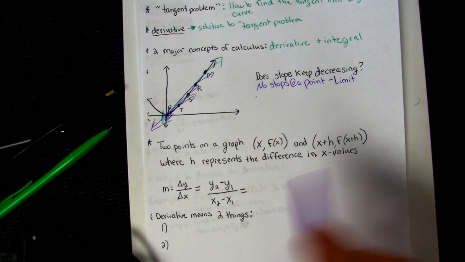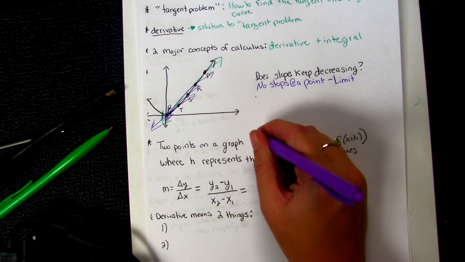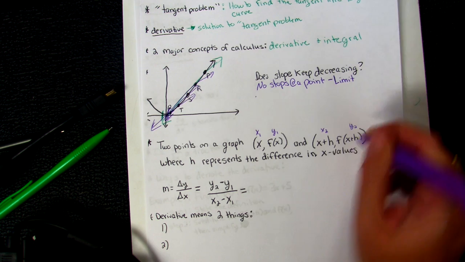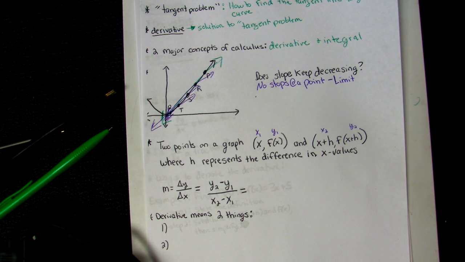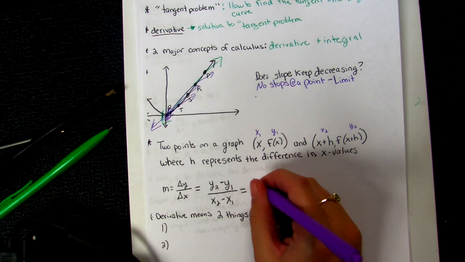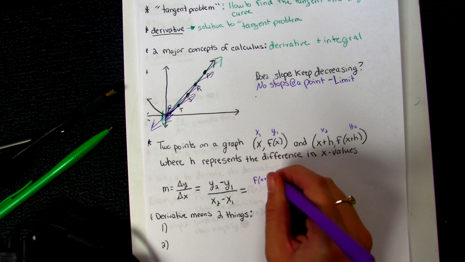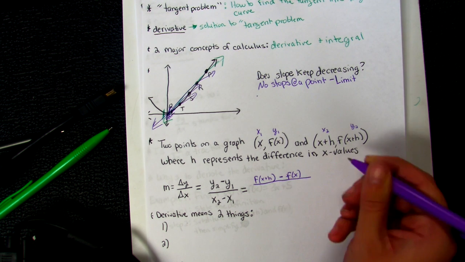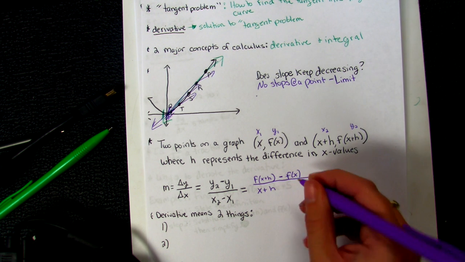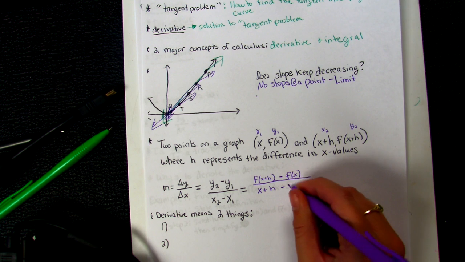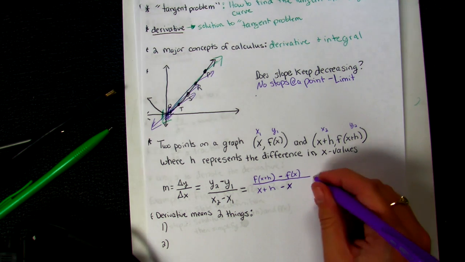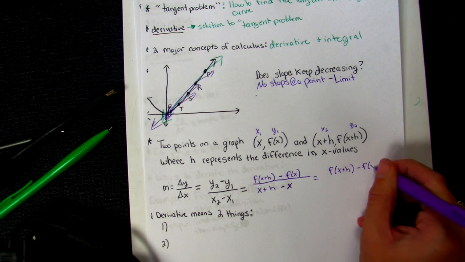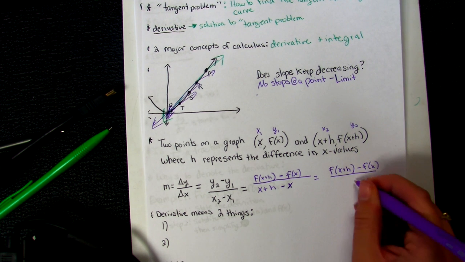Well, if I were to label these 2 points x1, y1, x2, y2, and then plug them into my slope formula, I would have f of x plus h minus f of x over x plus h minus x, which would then simplify to f of x plus h minus f of x over h.